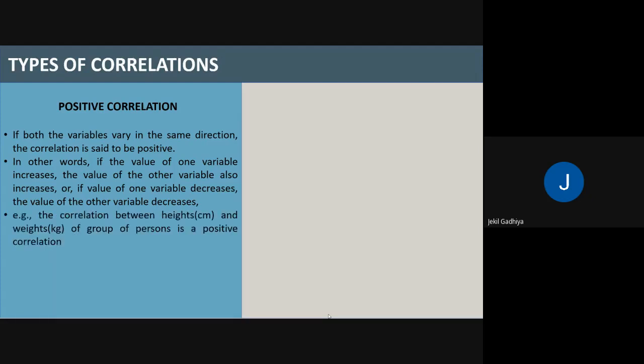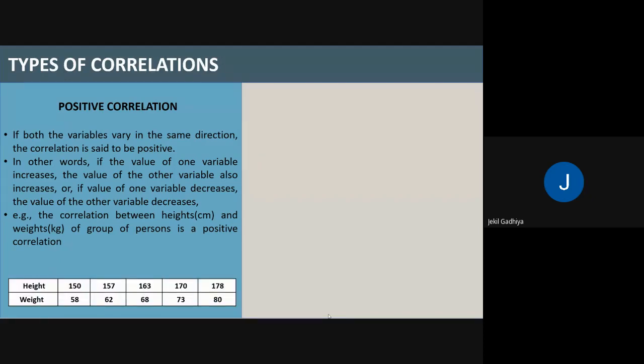And this is the example. The correlation between height and weight of a group of persons is a positive correlation. From this data, here you can see that height is 150 centimeters, weight is 58 kg. If height is 157 centimeters, weight is 62 kg. Height is 163 centimeters, weight is 68 kg.